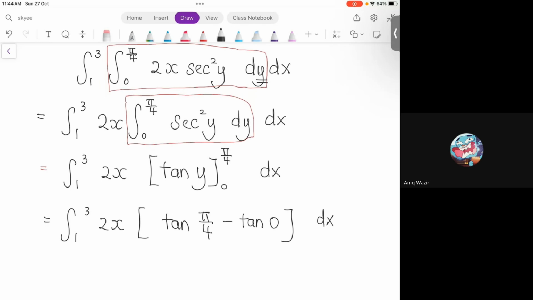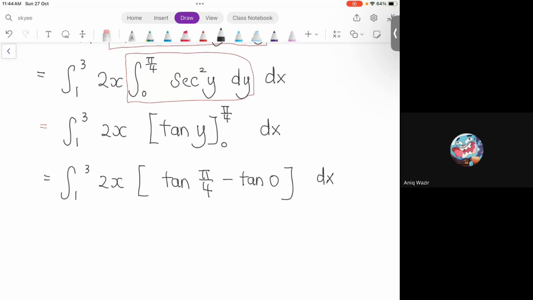Take your calculator and change it. So what is the answer? Tangent pi over 4 minus tangent 0. So you get 1, right? You get 1. This is dx.